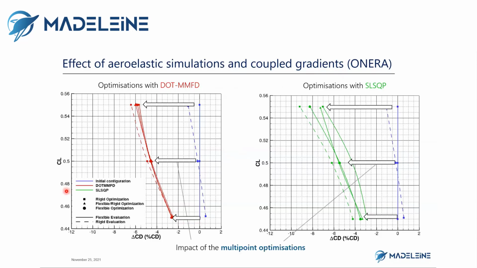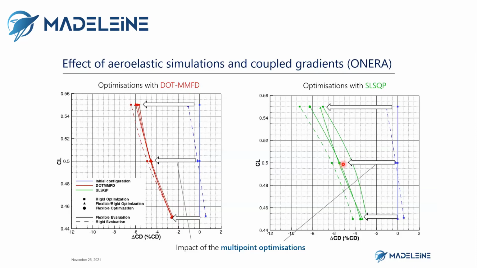So first, what is nice to see is whatever the strategy followed, either full flexible or rigid, in all cases, we get an improvement in multi-point. So this means first that the multi-point optimization is working properly. But with different behavior: if we are using MMFD, we see little difference between the different strategies, while it's more spread using SLSQP.